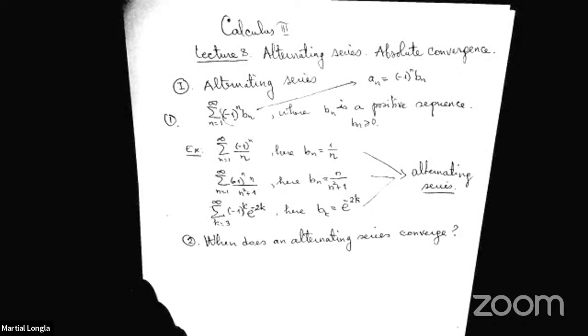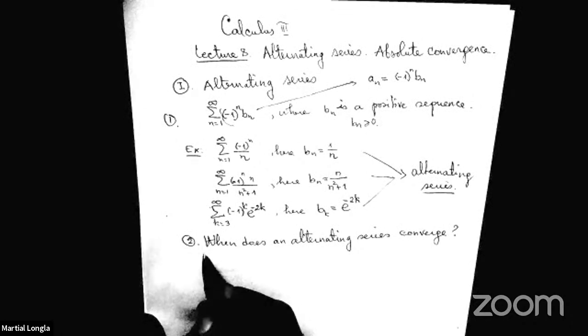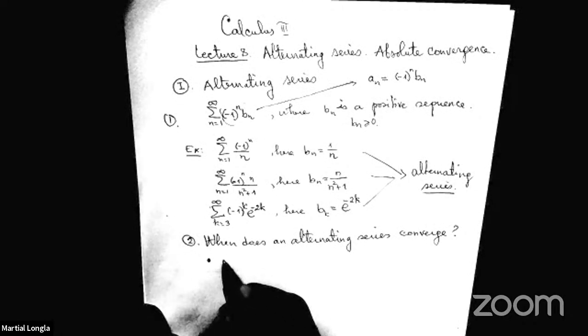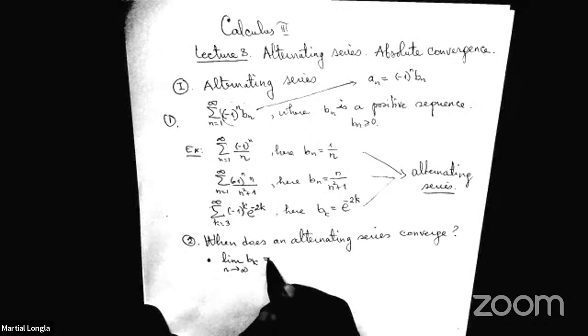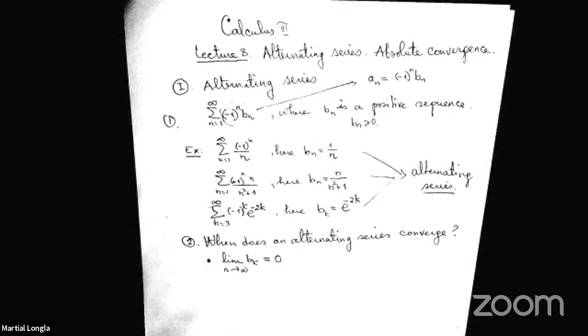So when does an alternating series converge? You have the rules. First, you take the limit as n goes to infinity of b_k, and this limit needs to be 0.